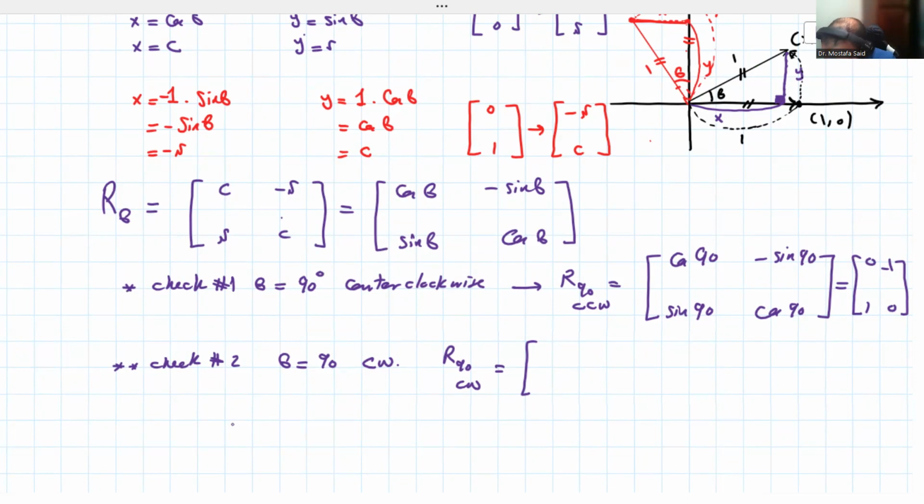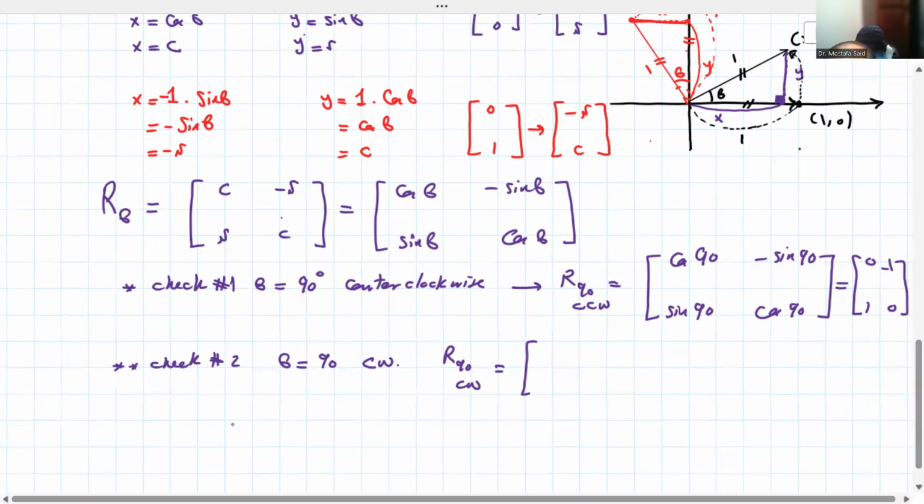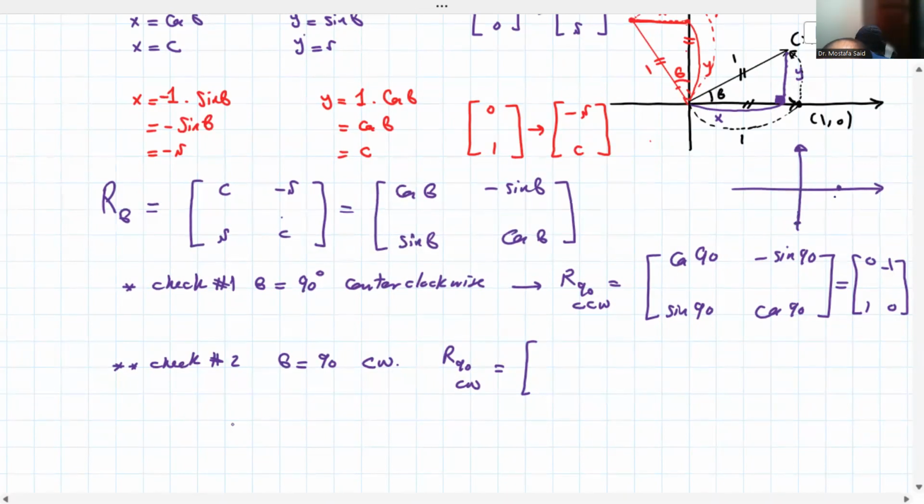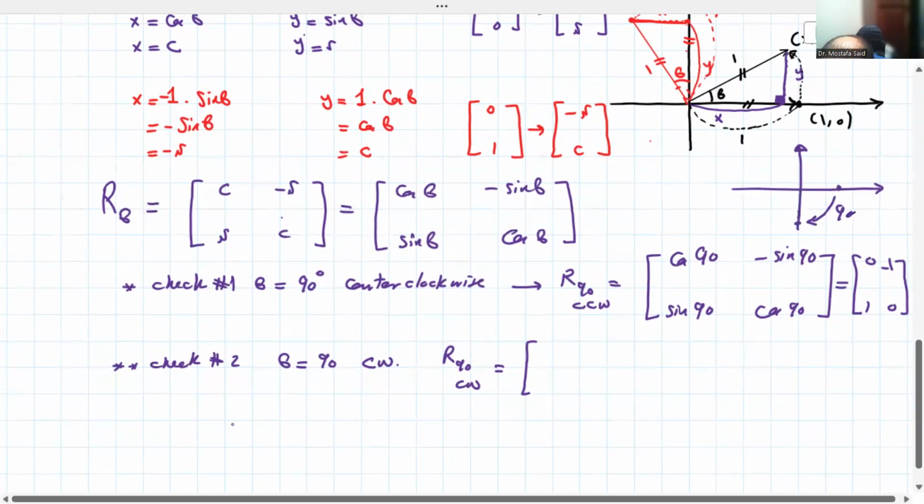So let's draw it. If we have a coordinate like that, and I want to move here 90 clockwise, I'm going to move to that point. I can also move in that direction 270 degrees counterclockwise, right?